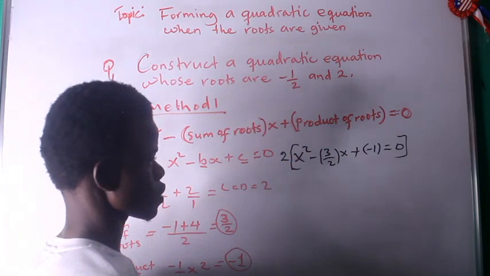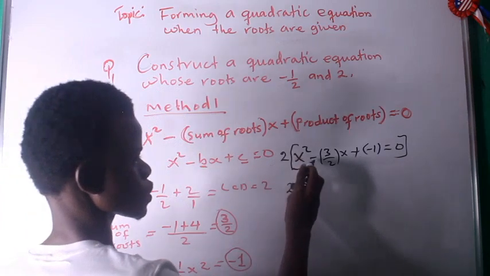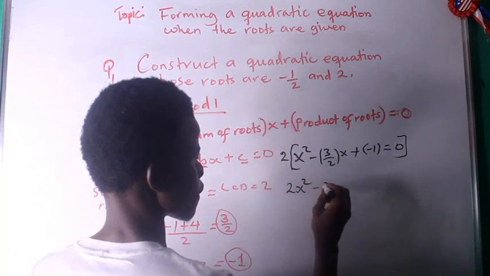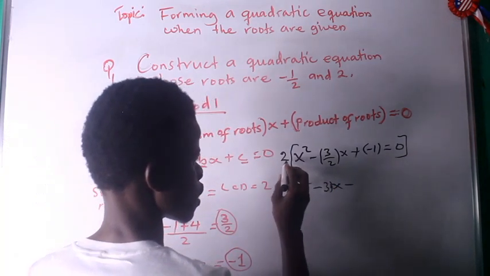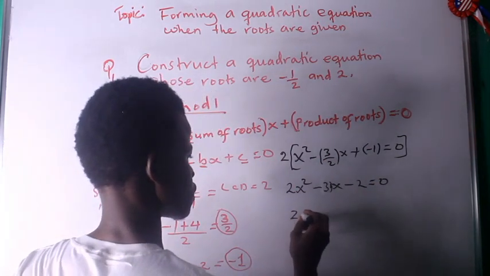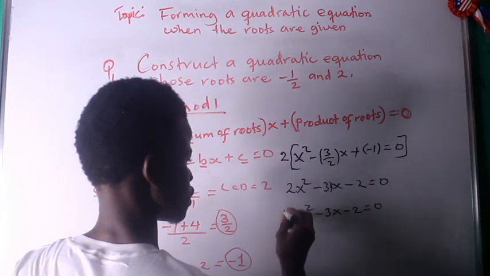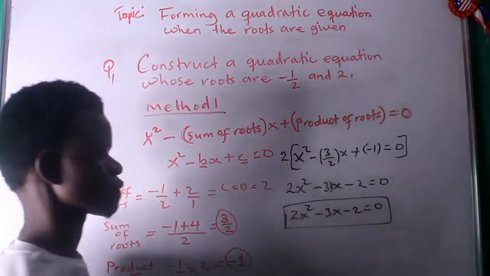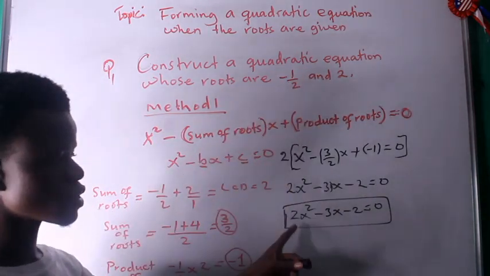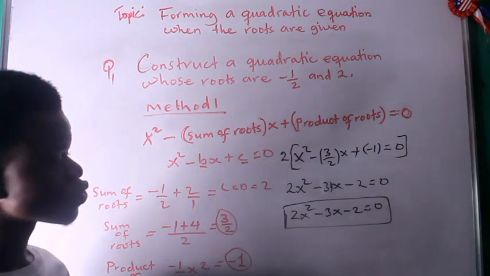So 2 times x squared gives 2x squared, 2 times 3 over 2 x is 3x, and 2 times minus 1 is minus 2. So 2x squared minus 3x minus 2 equals 0 is the quadratic equation whose roots are minus 1 over 2 and 2.